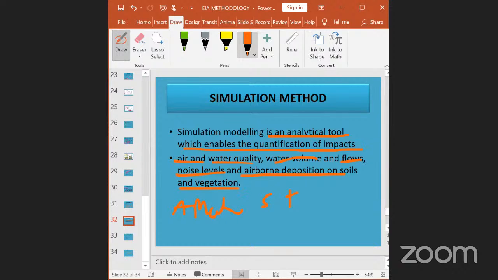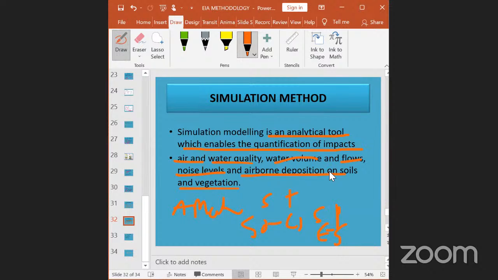So the prediction models, like other types of models including socio-economic and species habitat models, and also expert systems, allow the impacts of a project to be determined through a program of decisions, right?